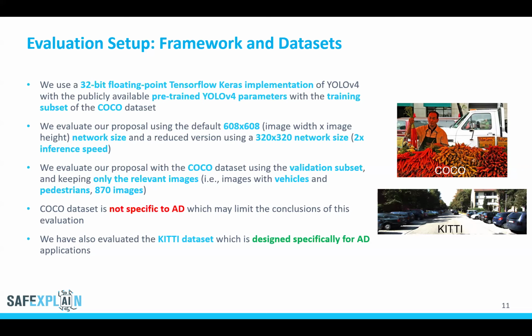So as we see in the image, yes, there are cars, there are pedestrians or people, but this image is not the same as a car driving on the road, right? So for this reason, we have also evaluated the KITTI dataset, which is designed specifically for this kind of applications. But again, I will not go into details about this evaluation, just to keep it short for this talk. But the conclusions are basically the same with one dataset and the other one.